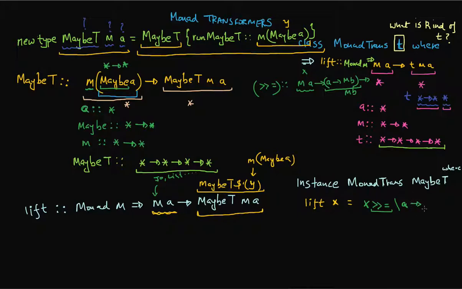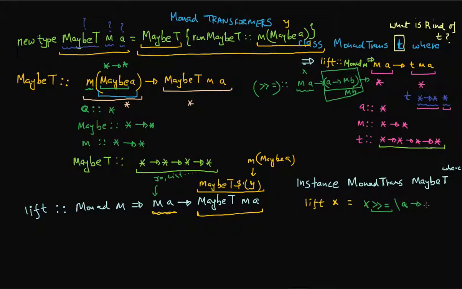So what does this function return? That's my method right there, and it should give you something of type mb.